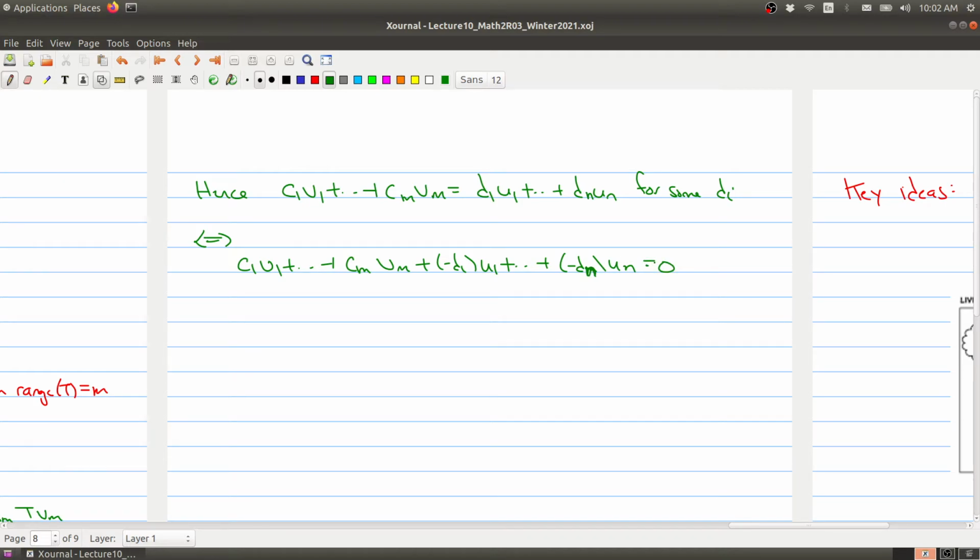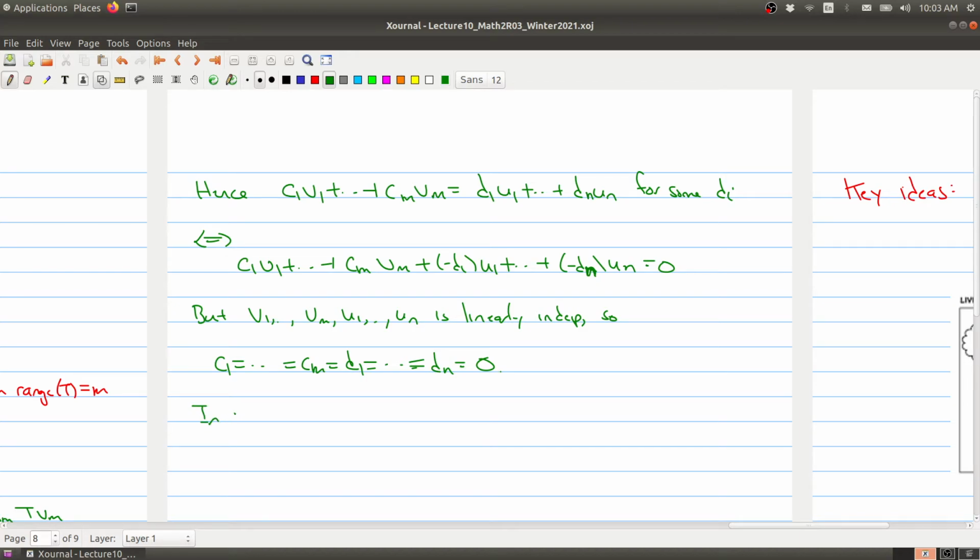But v1 up to vm combined with u1 to un is a basis. So v1 to vm, u1 to un is linearly independent. So all of these coefficients have to be 0. We don't have to worry about the negative signs, they all have to be 0, okay?